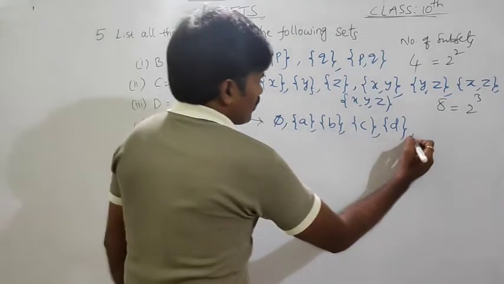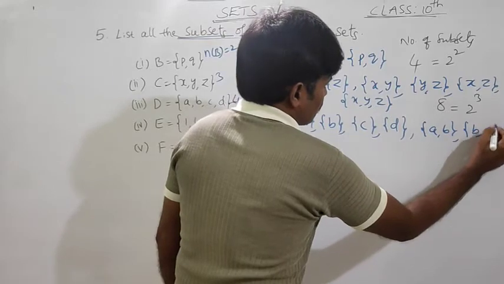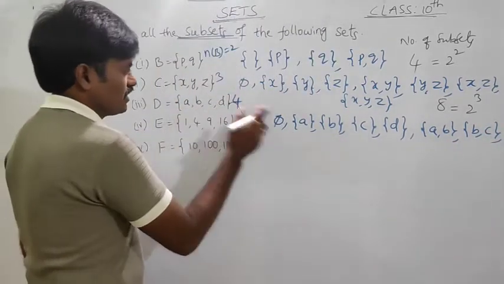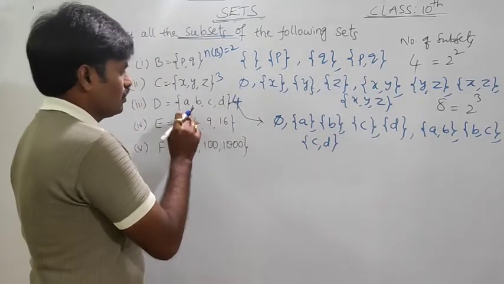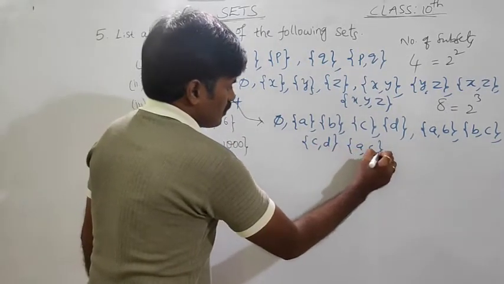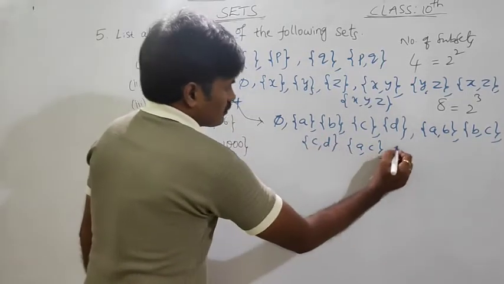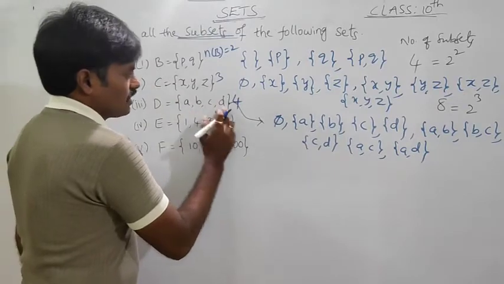See, I am writing. First AB, next BC, then next clearly CD. Next completed with A. Now AB completed. Now write AC. Yes, it is possible. AD. Yes. See, AB, AC, AD completed.